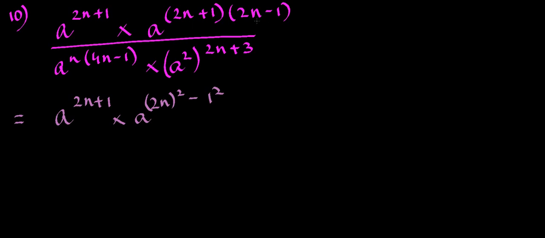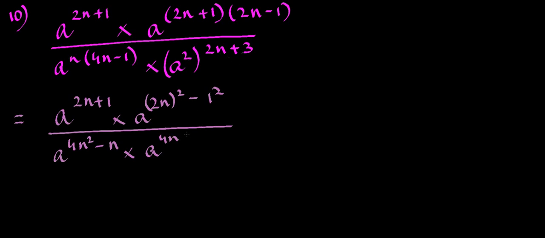You see, a plus b into a minus b is equal to a square minus b square, upon a raised to n into 4n will give me 4n square minus n, into, what is coming forth, a raised to 2 into 2n is 4n, 2 into 3 is plus 6. So we have 4n plus 6 over here.